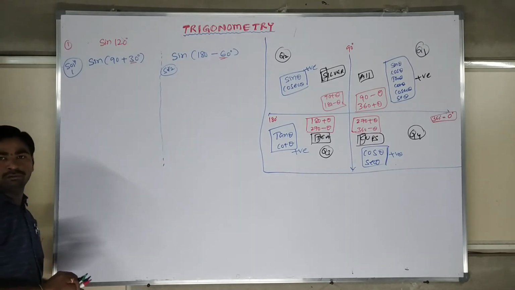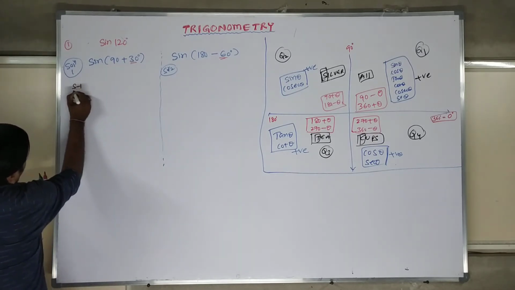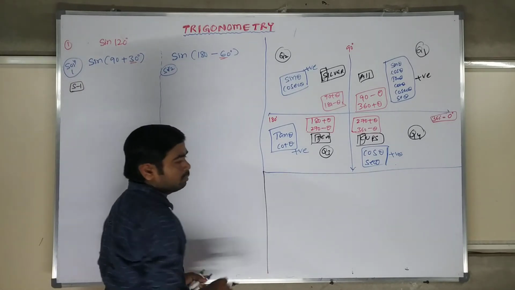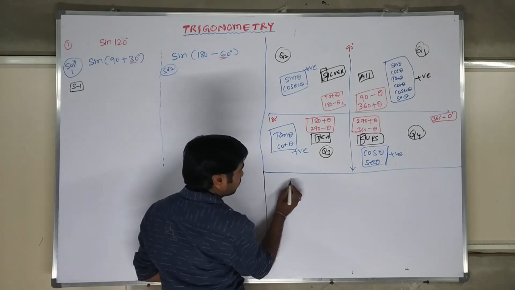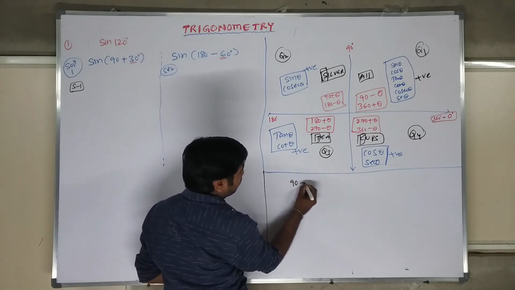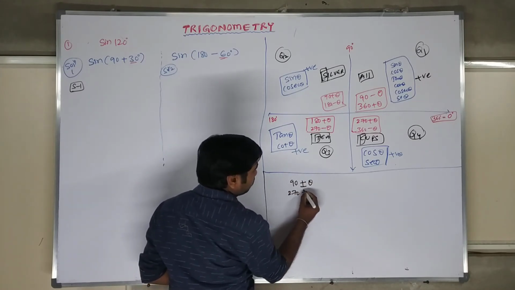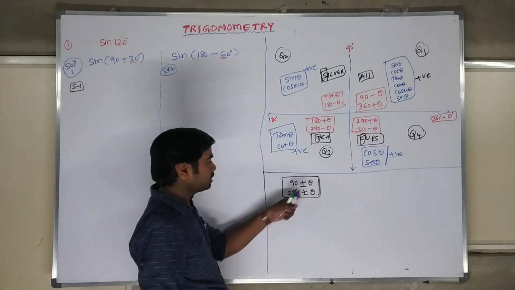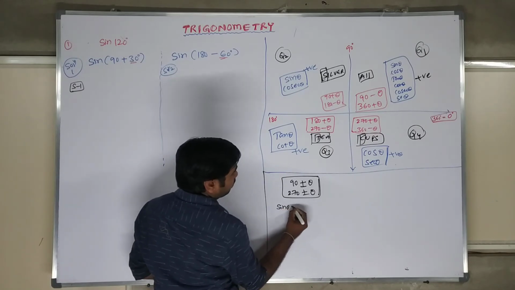So in this, be very careful, there are 2 steps. Step number 1, I will write one table. Whenever the trigonometric components 90 plus or minus theta, or 270 plus or minus theta, will come: sin theta, we write cos theta.